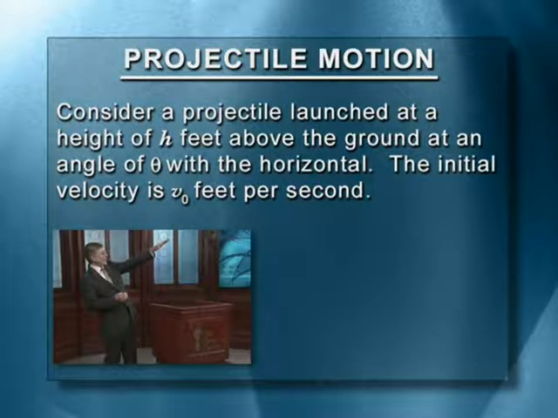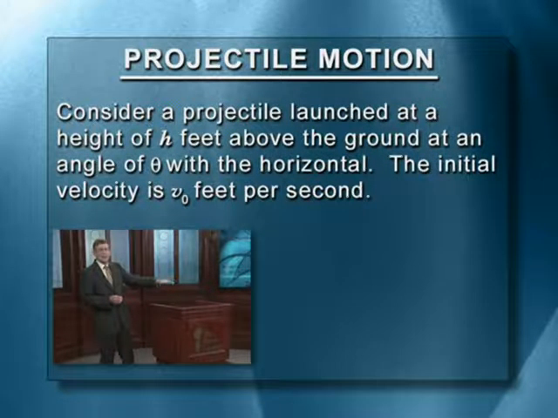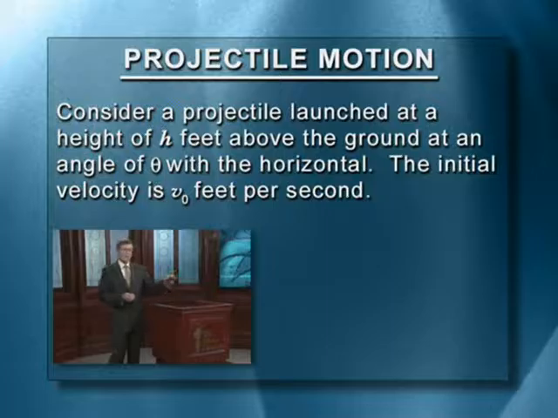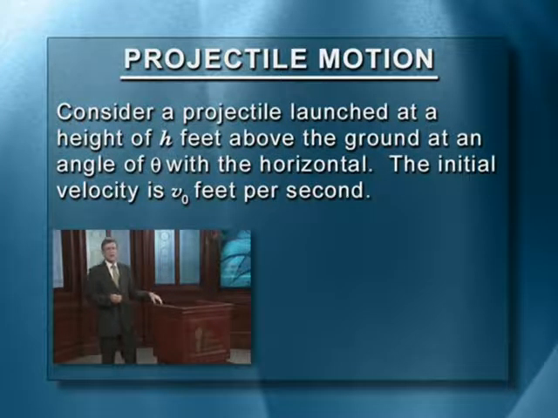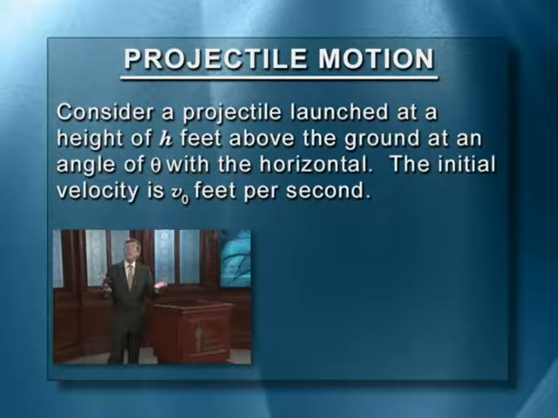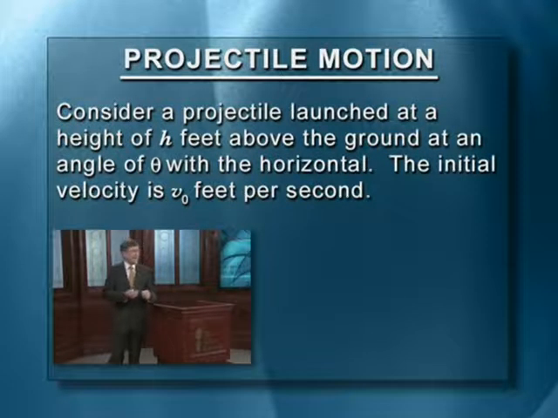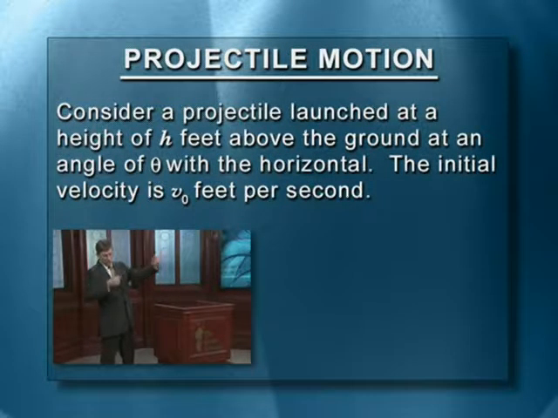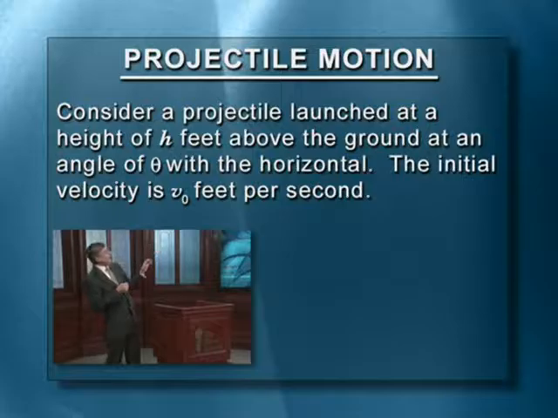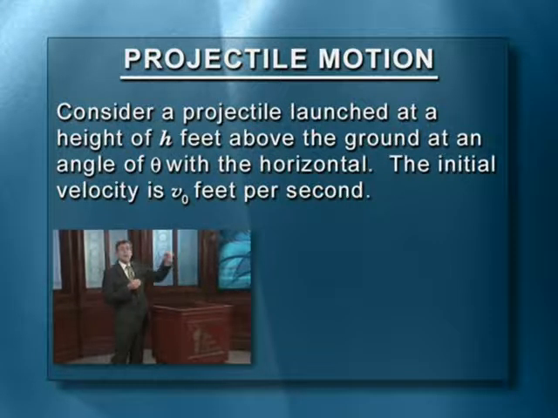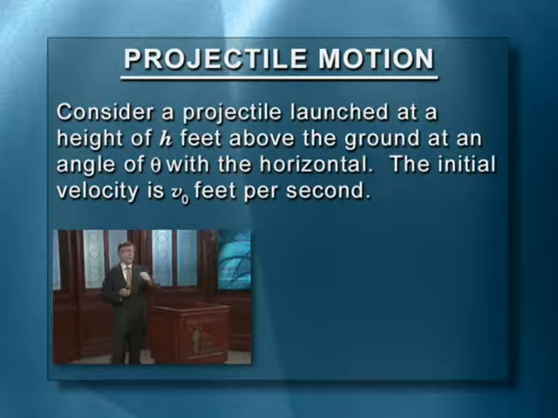So there's a certain angle of inclination, an angle of theta with the horizontal, and it has a certain initial velocity, which we'll call v sub 0. You can imagine shooting an arrow: I'm shooting it a certain distance h above ground at a certain angle, with a certain initial velocity, and out it goes.